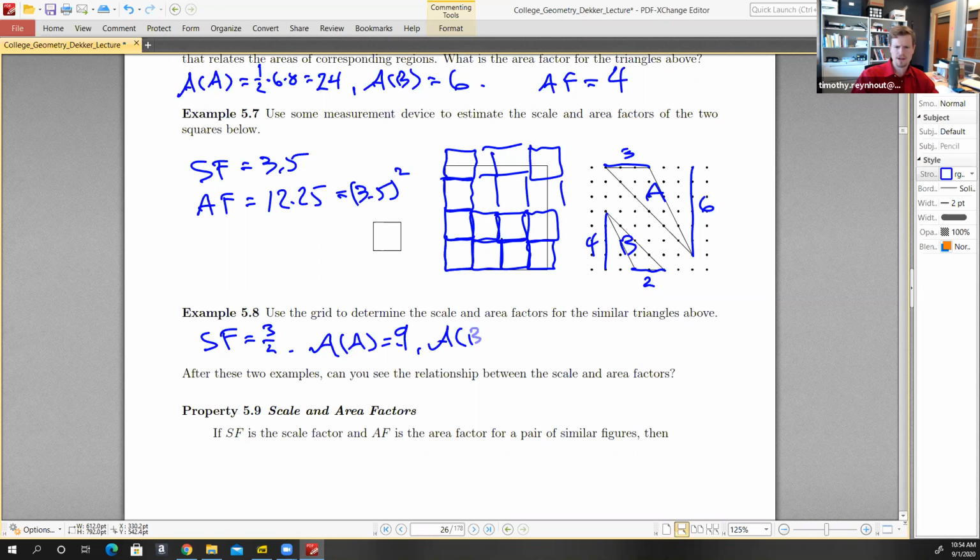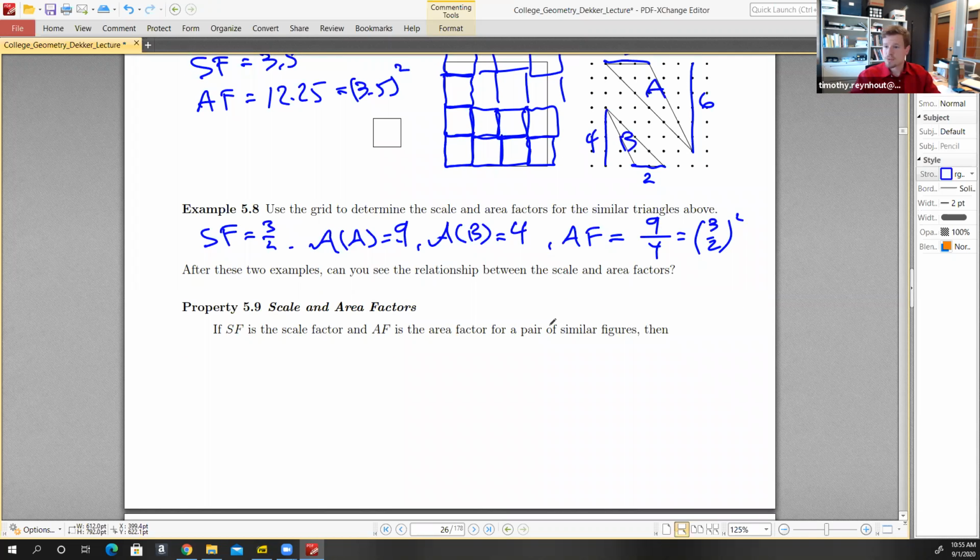The area of triangle B, 2 times 4 is 8. 8 divided by 2 is 4. So the area factor would be equal to, let's see here, to go from 4 to 9, I'd have to divide by 4 and multiply by 9. And what do you notice about this? Well, shoot, that's just 3/2 squared.